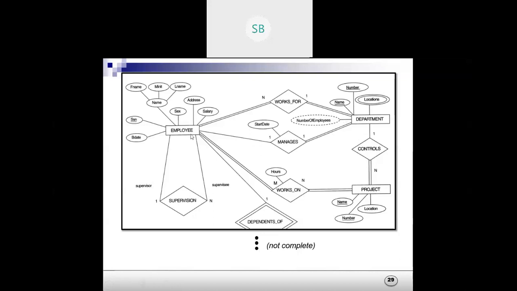Similarly, every employee will work on a project, and on every project many employees will work, right? So that is why we have total participation. And here also partial only, because we know there will be a single supervisor only for the supervision relationship.